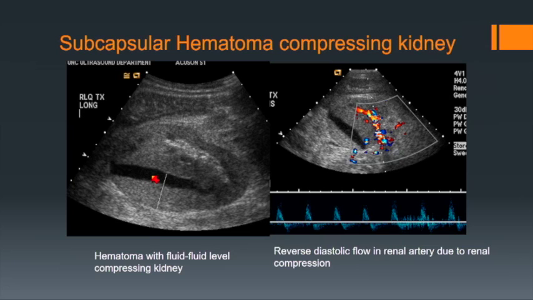It's actually a hematoma that has partly liquefied, and when we put the Doppler on the renal artery, we see reversal of diastolic flow in the renal artery due to renal compression. And this is called a Page kidney because this is a subcapsular hematoma. It's pressing on the kidney, and it is causing high resistance to flow within the renal artery.